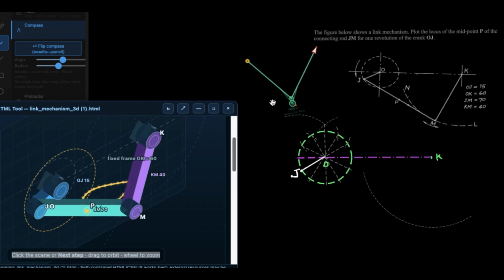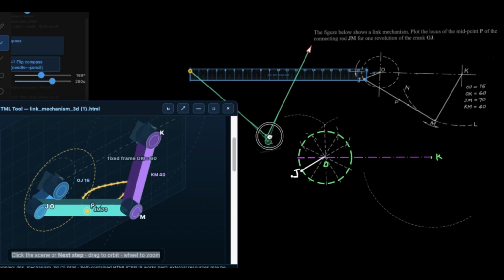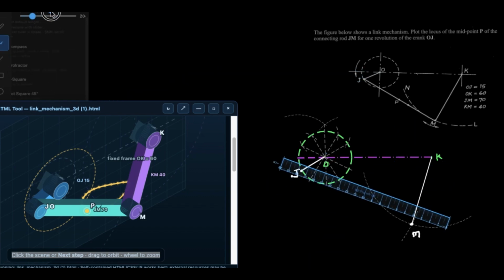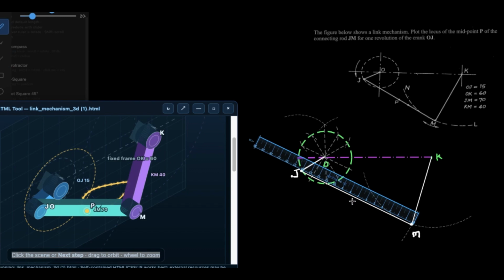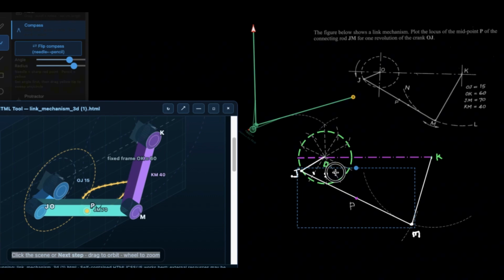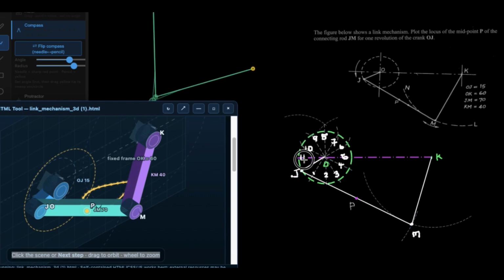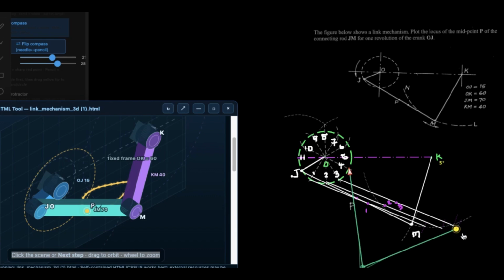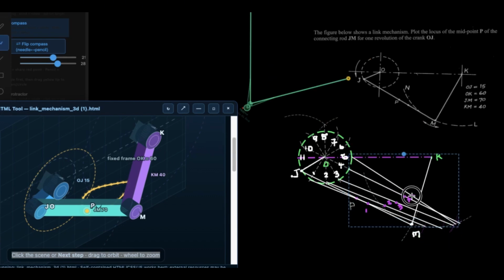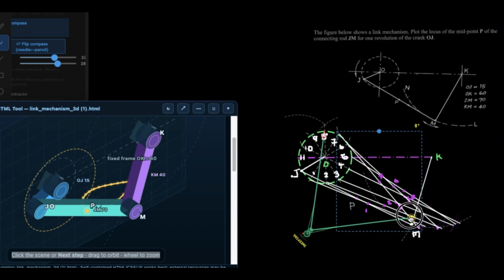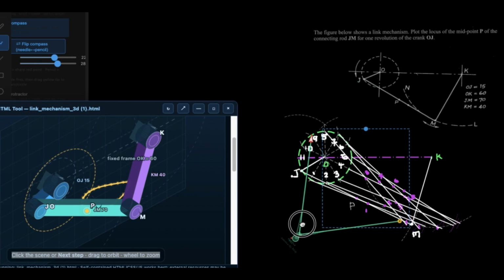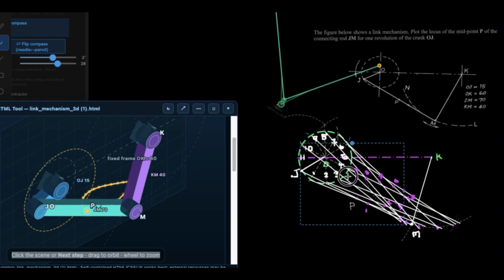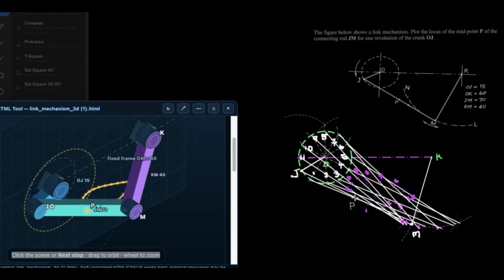Then to get the position M, take a distance 70 from J. P is at the midpoint of JM. Now trace the points from P.